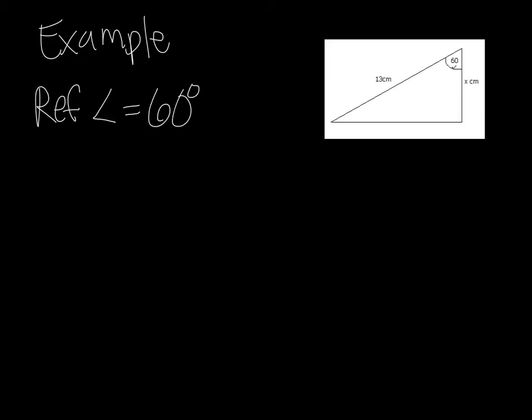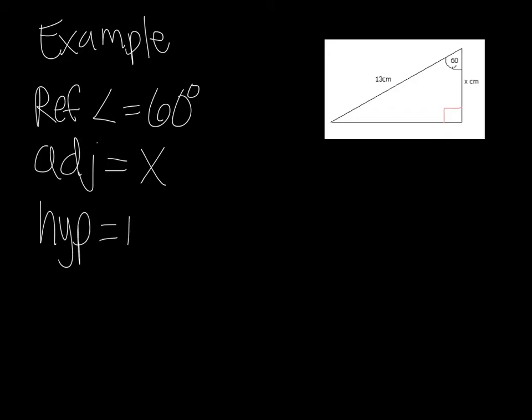We also know that the adjacent side to the angle is equal to x. And last, we see that the hypotenuse, directly across from our 90-degree angle, which we could see is right here, is equal to 13 centimeters.